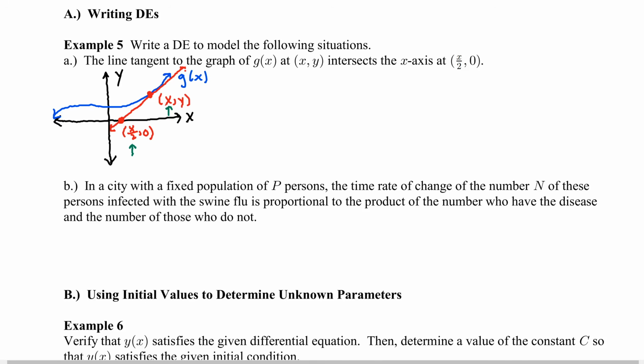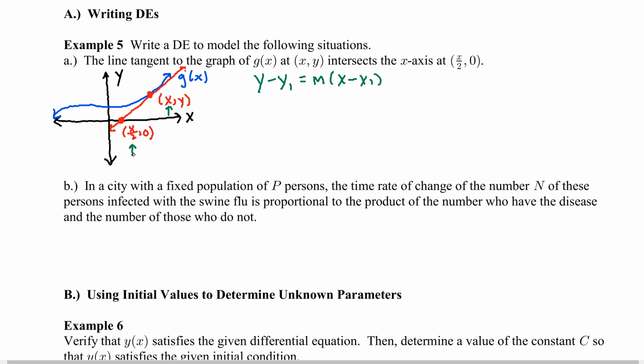Now, anytime we're working with tangent lines, we can express those using point-slope form. So let's think about starting with y minus y1 equals m times x minus x1, a familiar formula. x and y are general variables, so they will stay x and y, but x sub 1 and y sub 1 represent an anchor point on that line.